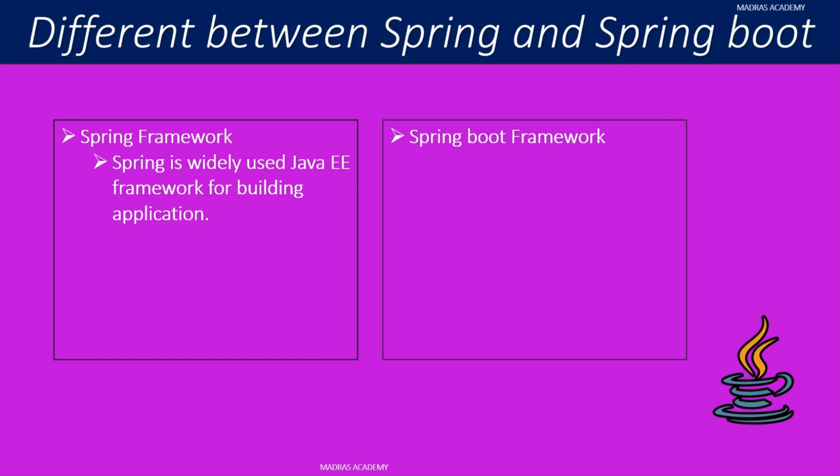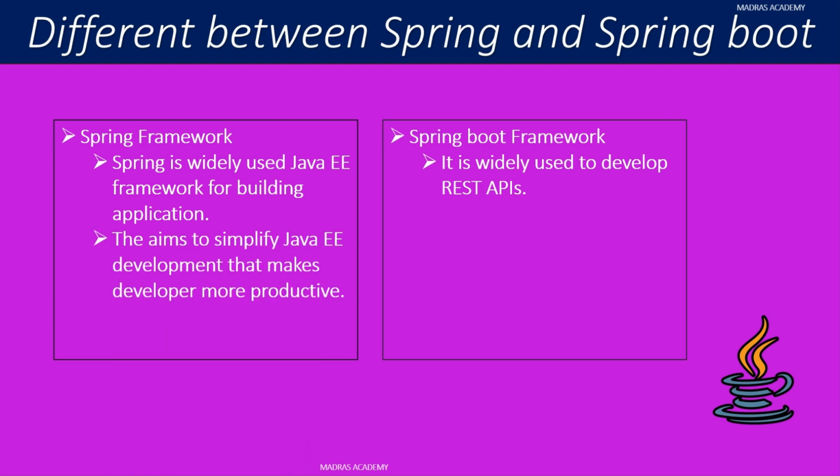Spring is a widely used Java EE framework for building applications. It is widely used to develop REST APIs. The aim is to simplify Java EE development, which makes a developer more productive. Here the aim is a short line, an easy way to develop web applications.